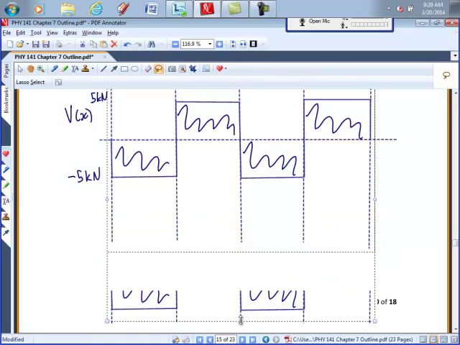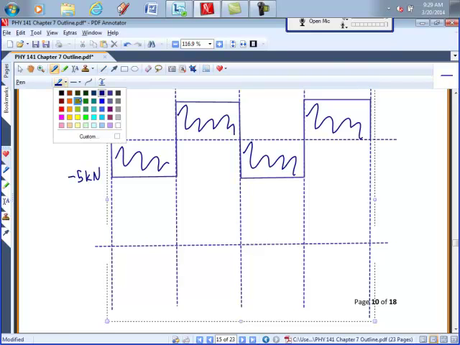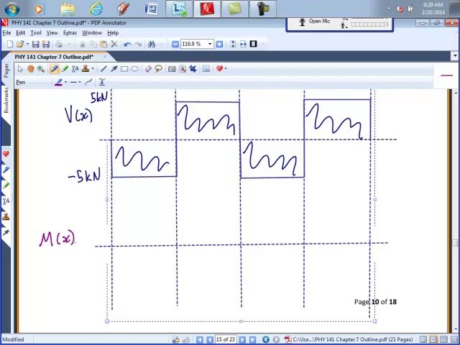Then M of x has a slope of negative 5 for 2 meters.